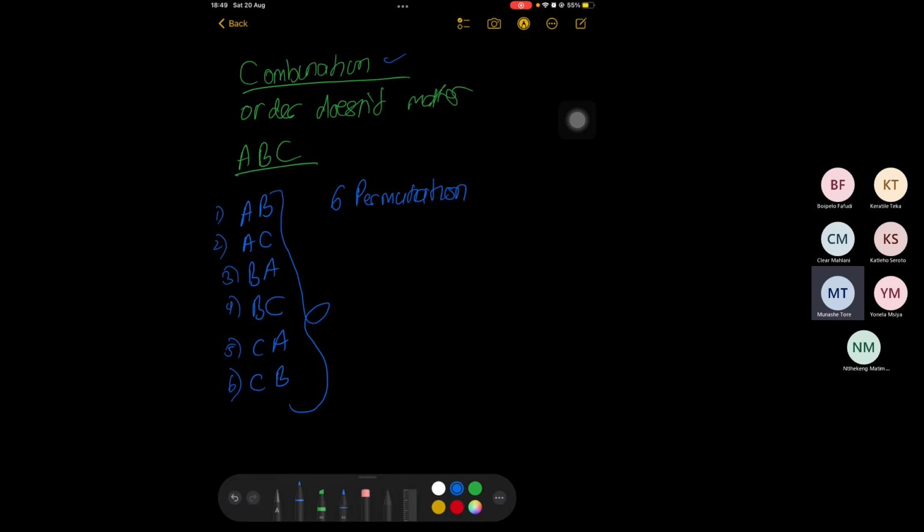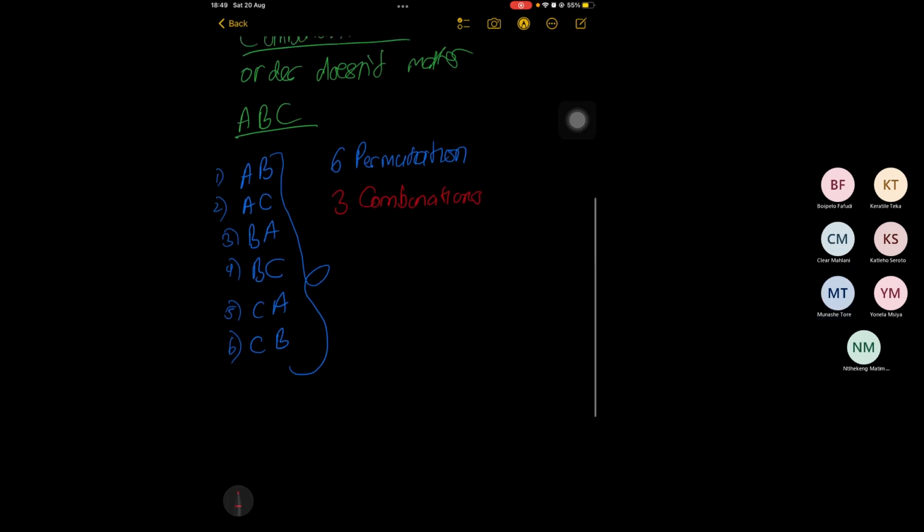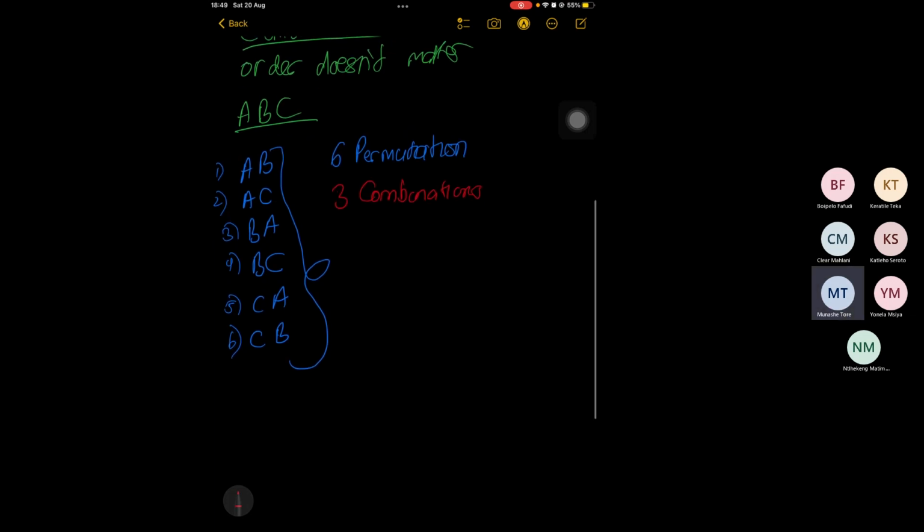But when it comes to combinations, we don't have 6 combinations, we have 3 combinations. How did we come up with this? For the 6 permutations, we just counted the 2-letter things we had, as they are.